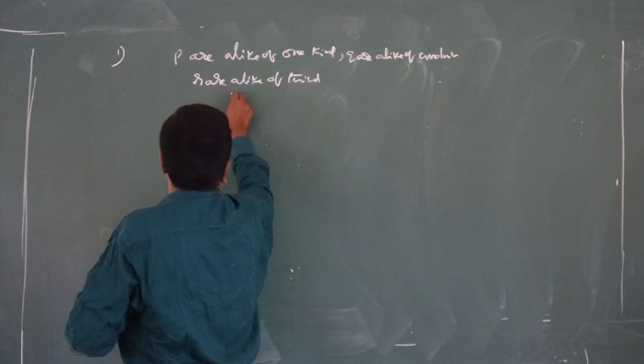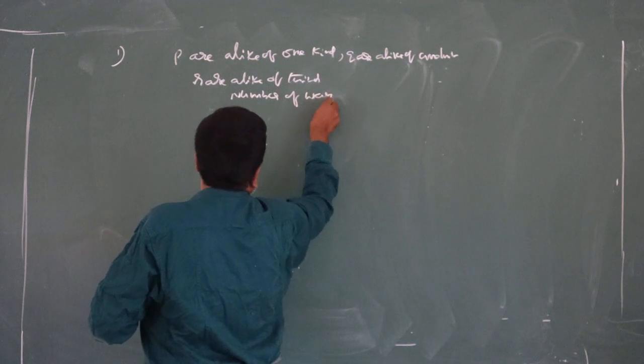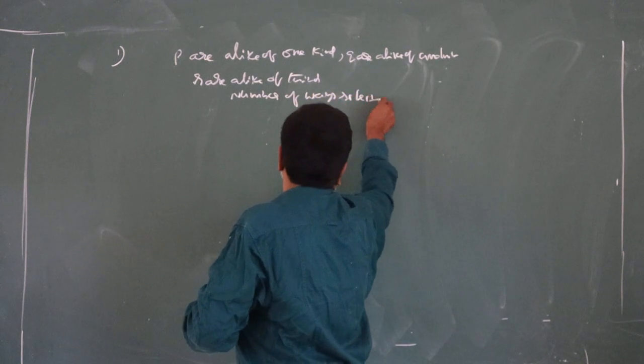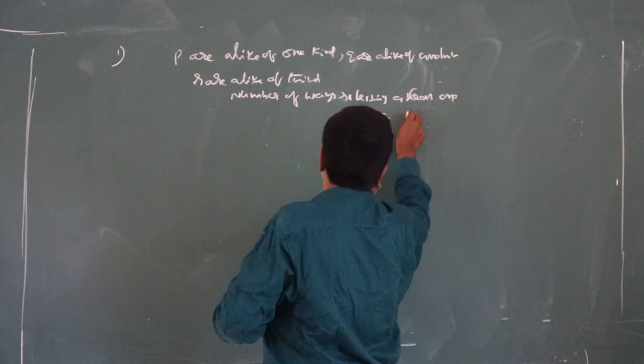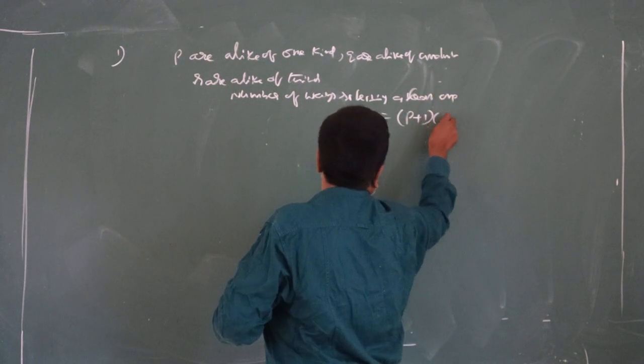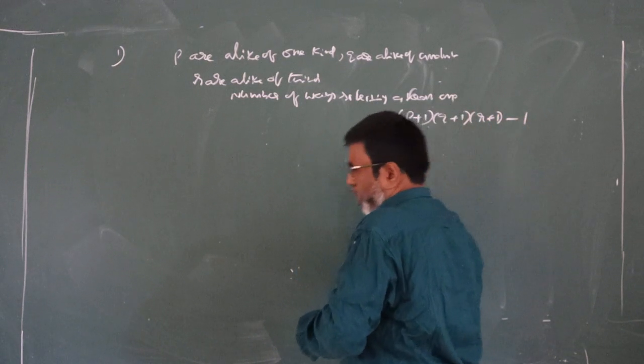The number of ways of selecting at least one equals (P plus 1) into (Q plus 1) into (R plus 1) minus 1.